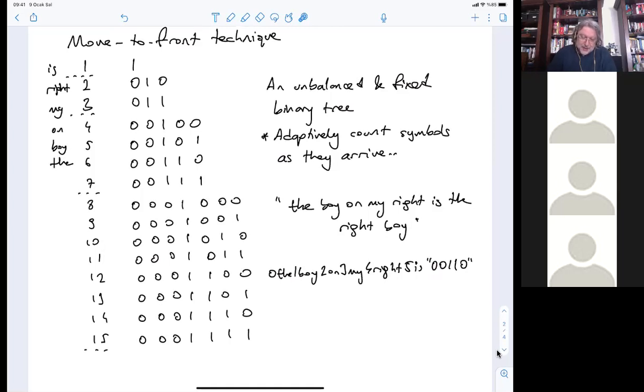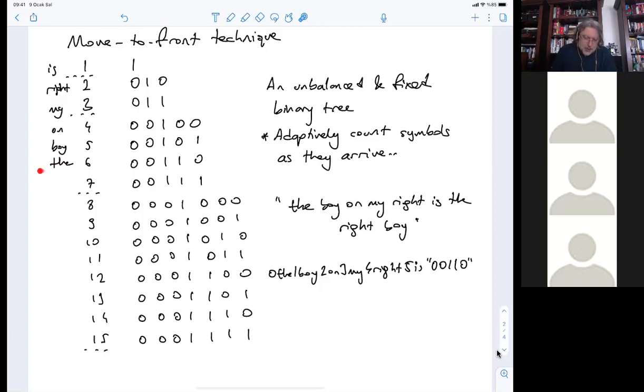Now, however, the dictionary is also updated. Why? Because the count of "the" is not 1 anymore. Meanwhile, we are also counting the histogram, the frequencies of these symbols. The frequency of "the" is 2, as opposed to the frequency of the others, which are all 1s.